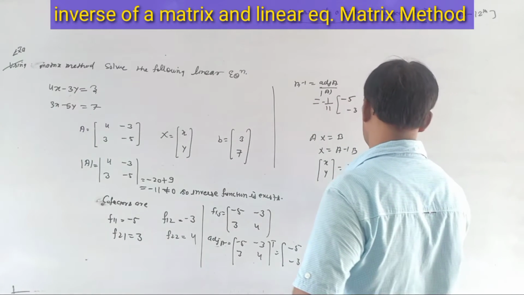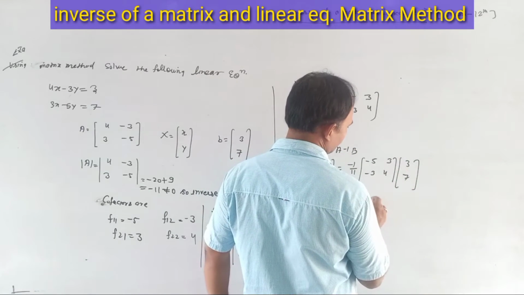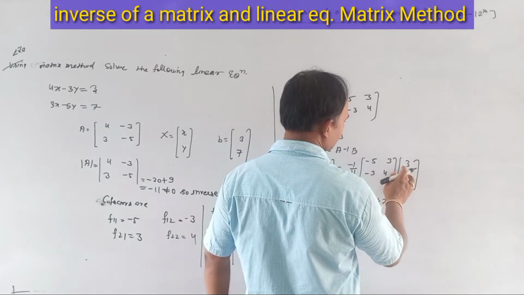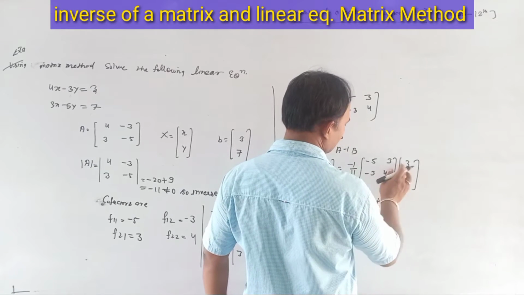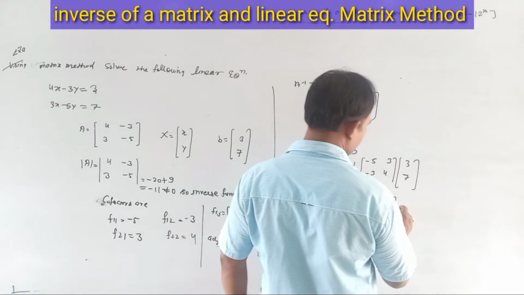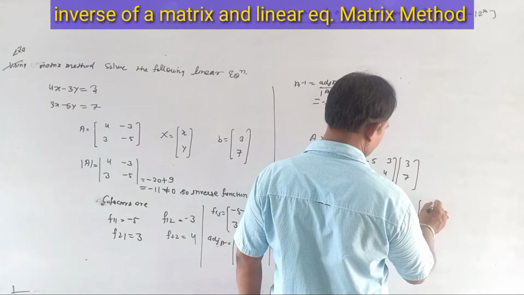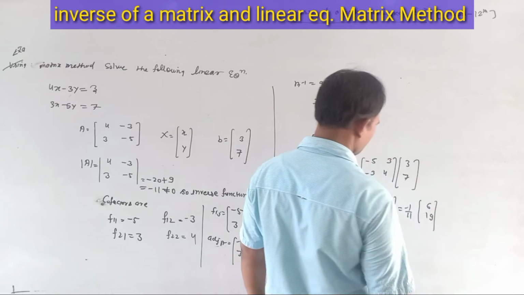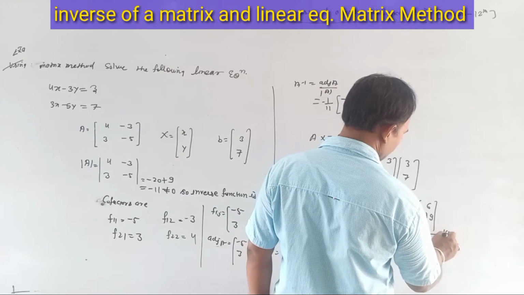So it is minus 1 upon 11 times minus 15 plus 21, and minus 9 plus 28. So it is minus 1 by 11 times 6 and 19. Okay, so it is minus 6 by 11 and minus 19 by 11, students.